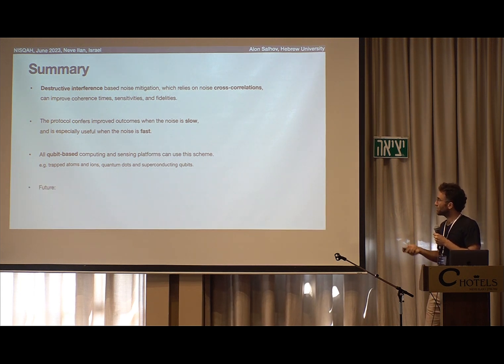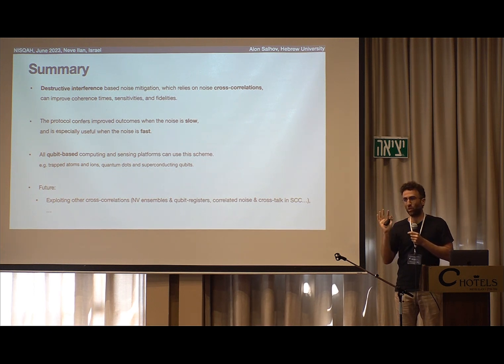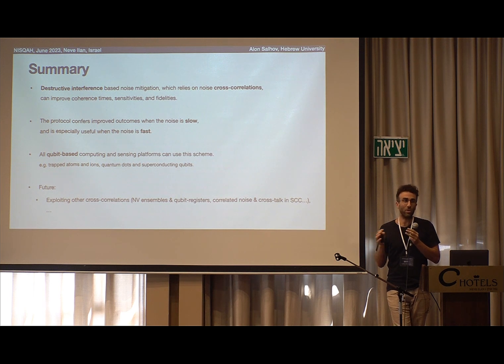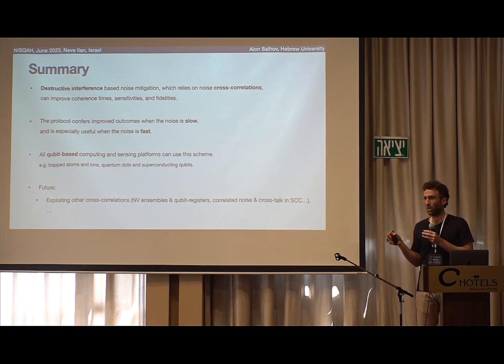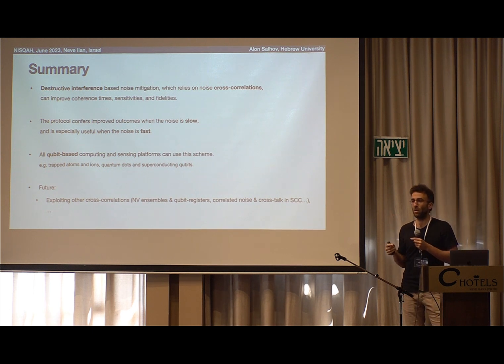In the future, there are a bunch of things we're thinking of, but I want to mention two things that were measured recently. The Oliver group measured cross-correlations in noise and cross-spectral densities in superconducting qubits, and the Degen group at ETH also measured these quantities in NV qubit registers.